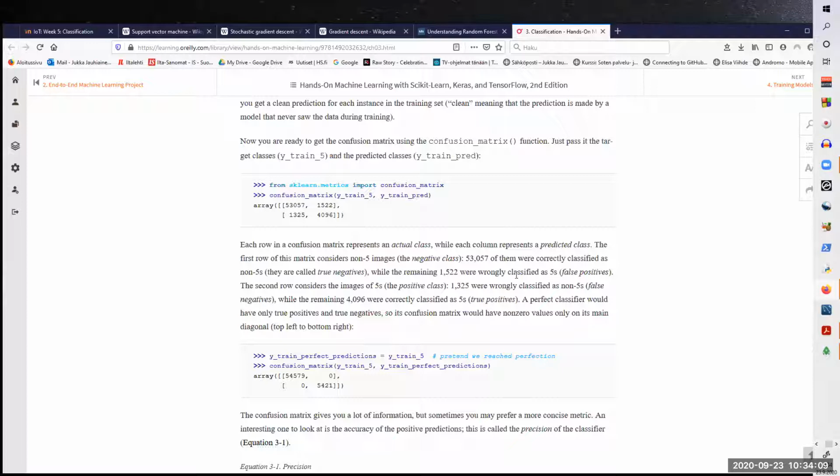And false positive means that this classification algorithm says that this number is 5 when actually it's not.